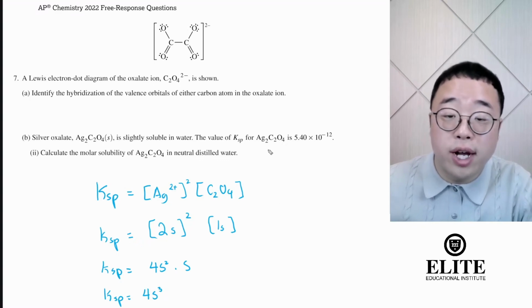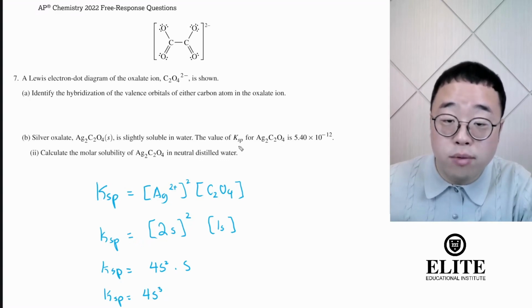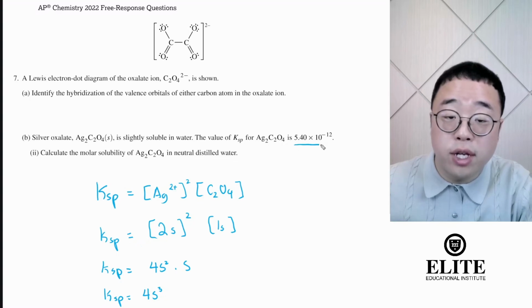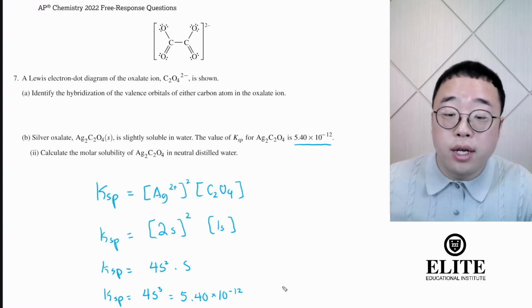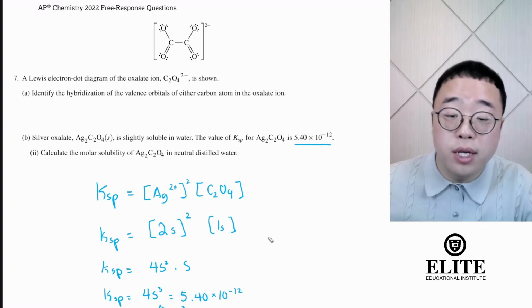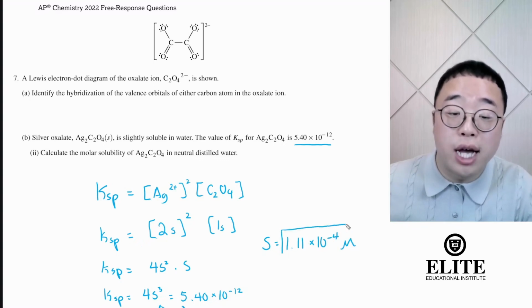Once again, the value of the solubility product constant is given here, so we can write that down. When we use the algebra, the molar solubility comes out to be 1.11 times 10 to the negative 4 molarity. And this would be our answer.